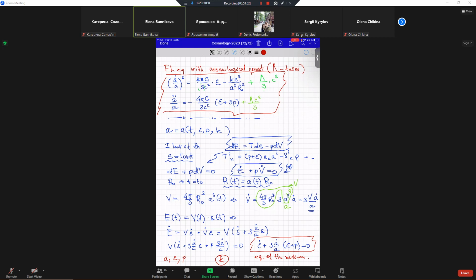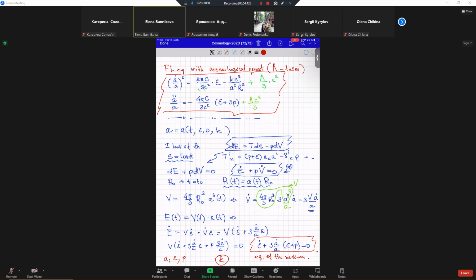But two of these equations are not independent, because, for example, this equation can be expressed through one of these. It's for convenience to use it.